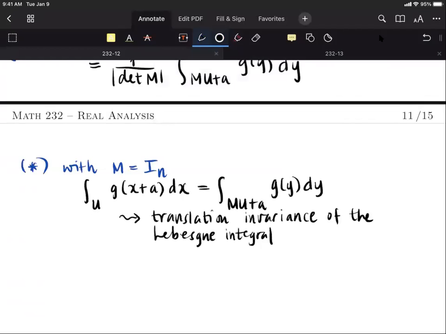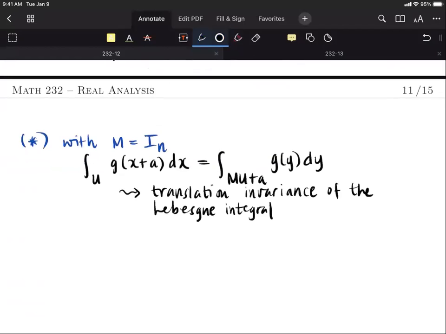So translating your function and integrating over the translated domain does not change the value of the Lebesgue integral. So this is reasonable.